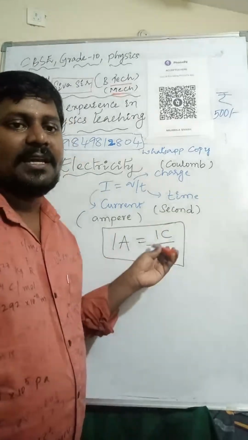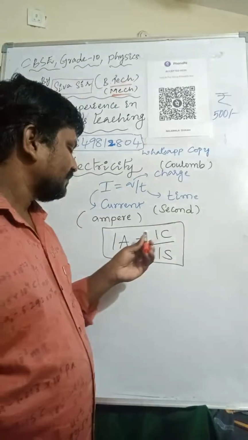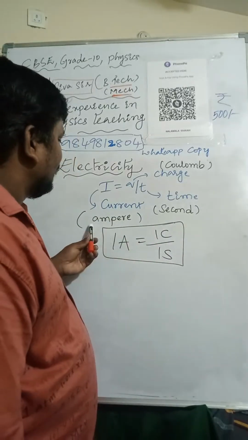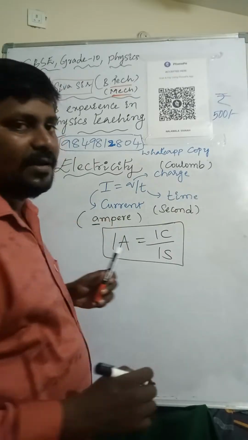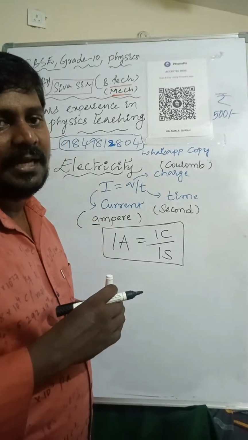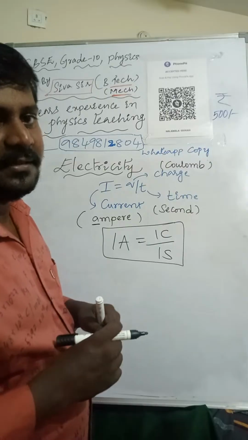A symbol can be a capital letter, but units you have to write starting with a small letter.